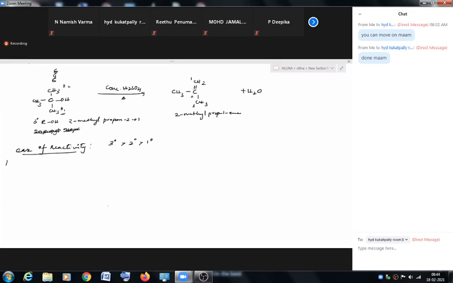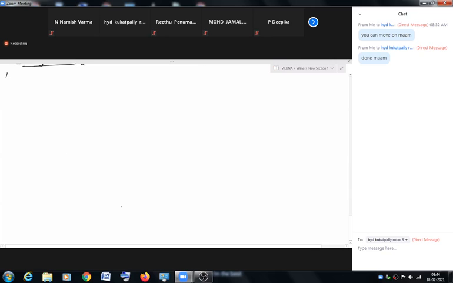Mechanism. So E2 is also possible, but right now I am dealing with the E1 reaction only, E1 mechanism only. E2 and all we will see later because this will be a little bit different. E2 will not be a typical E2 mechanism like we have seen in alkyl halides. So let's start with the tertiary alcohol.